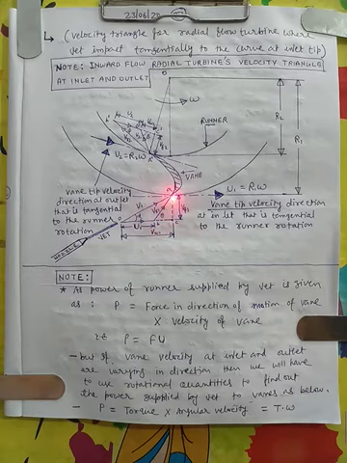So this is the relative velocity of the jet we are impacting. This is the direction of the jet, absolute velocity V1 at the inlet, and this is the velocity of the vane tip at the inlet, and the resultant, the relative velocity of the jet with respect to the vane, will be given by this.